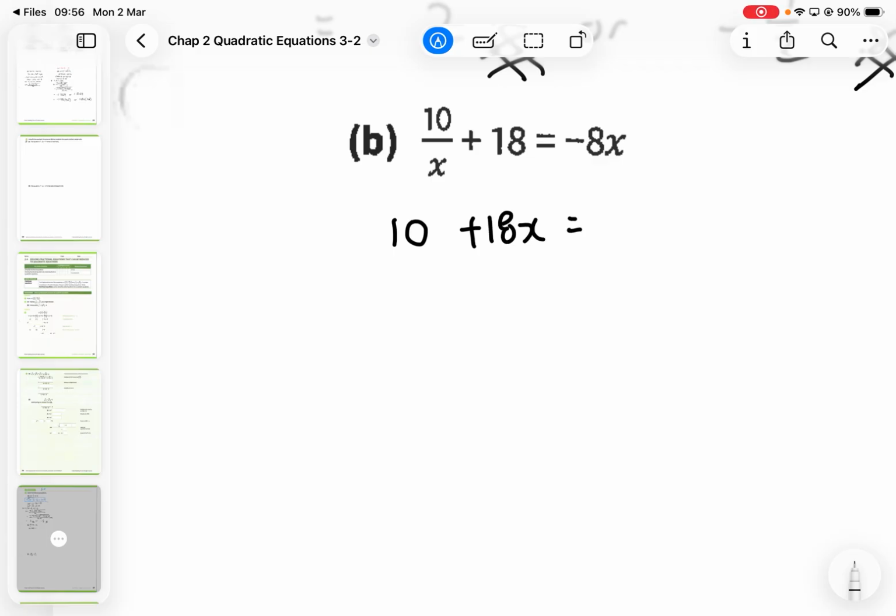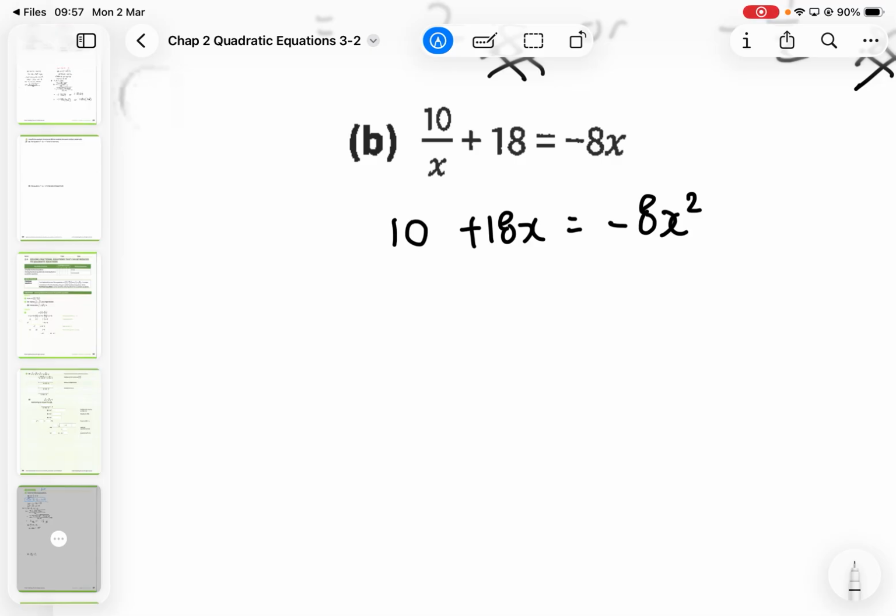Then I want to multiply x to left, I must multiply x to right. So minus 8 times x times another x, that's why it becomes minus 8x squared. Okay, this is how I get rid of this x. I multiply it away. Can?